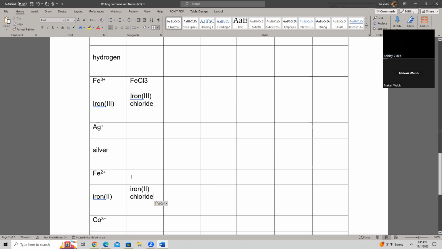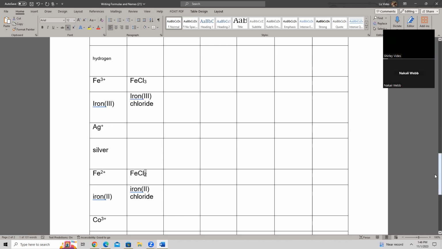I know which one to use. So in this case, it's going to be FeCl2. And I know that because that Roman numeral is telling me which ion I need to use. Okay, that's all I wanted you to see. So that's how you make compounds and how you arrive at their name also.